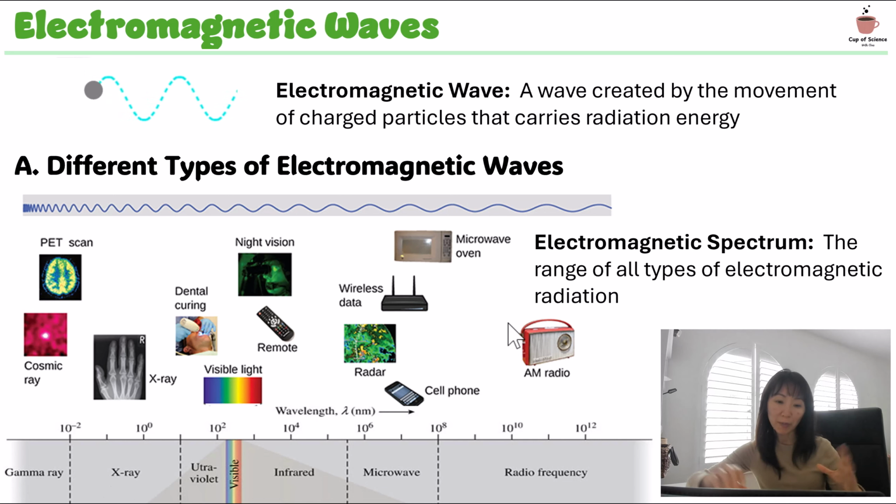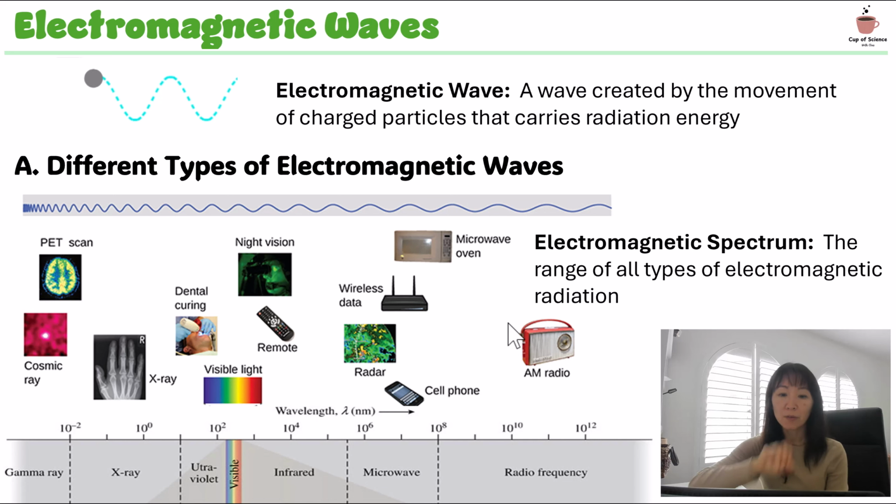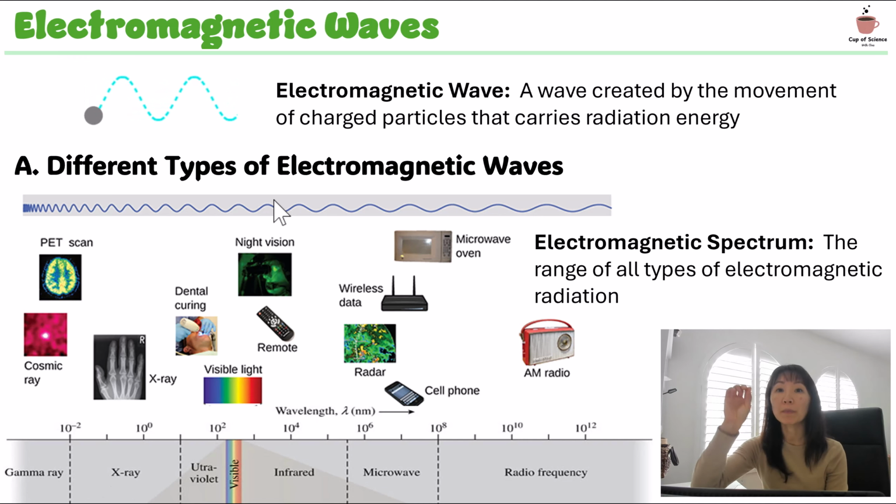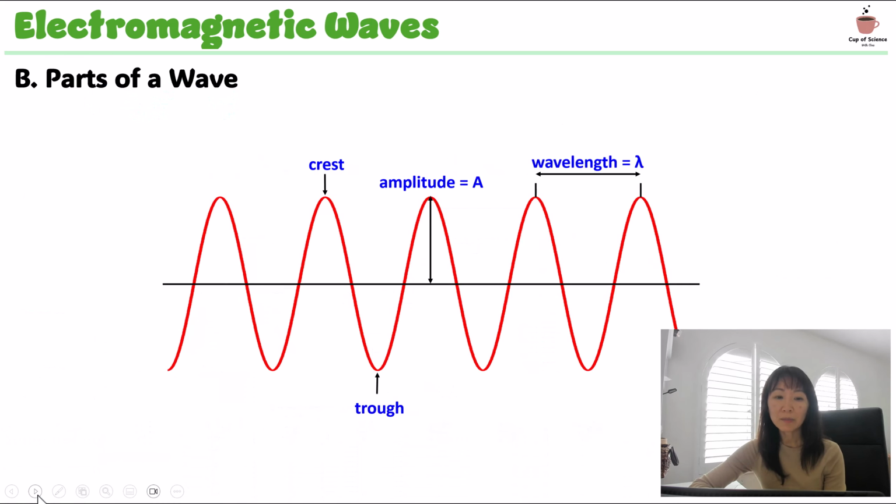Now, I'd like to take a part of a wave, this part over here, zoom in, and label the different parts of the wave. So here are some parts of a wave. The very top of a wave is called the crest.